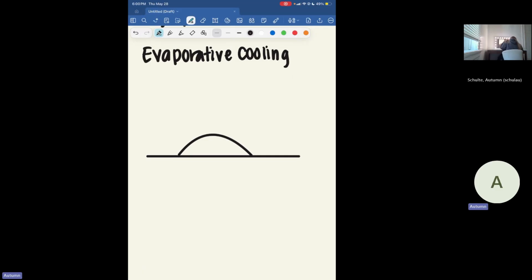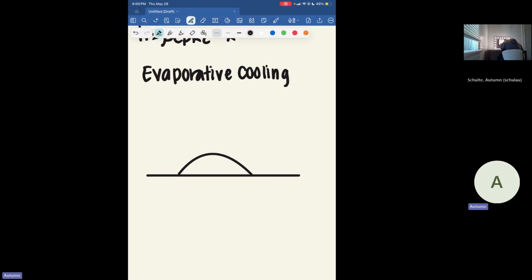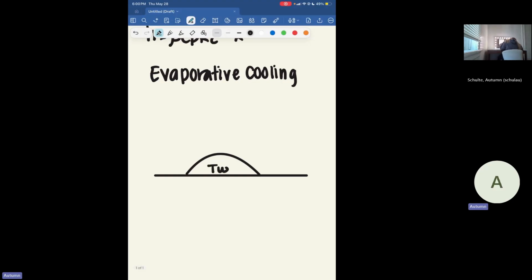And this water bubble has some temperature, we're just going to say is T sub W. And there's going to be air blowing over top of this water bubble. And this air also has its own temperature, which is going to be T sub air.